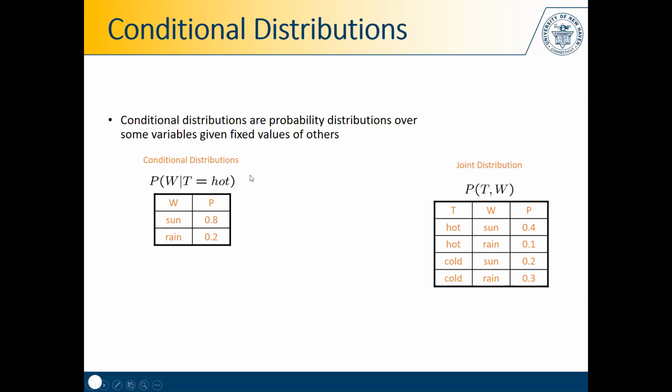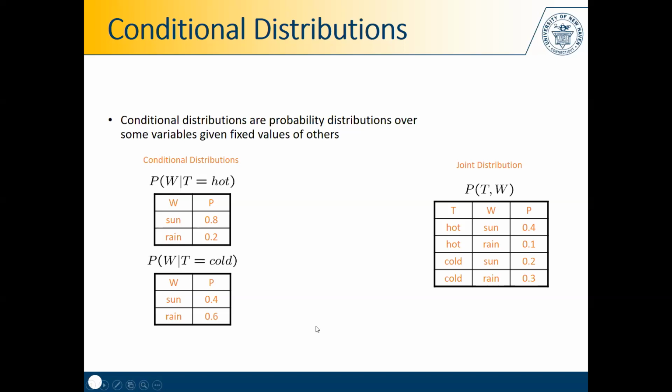Now that the assignment of T is already known, we can calculate these conditional probabilities for different outcomes of W using the formula we just saw in the previous slide. And we can do the same for another assignment of T being cold.